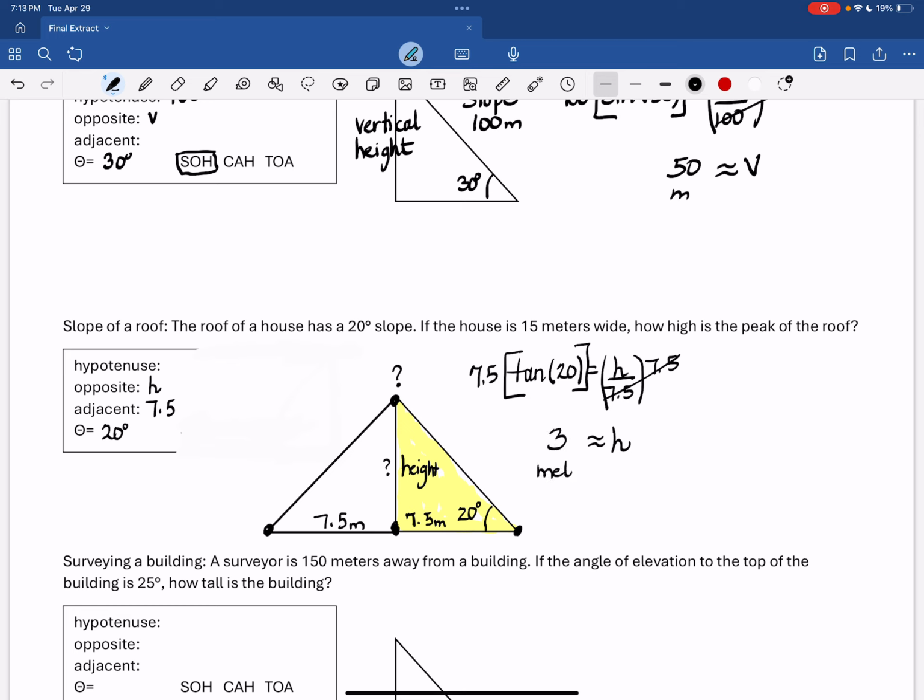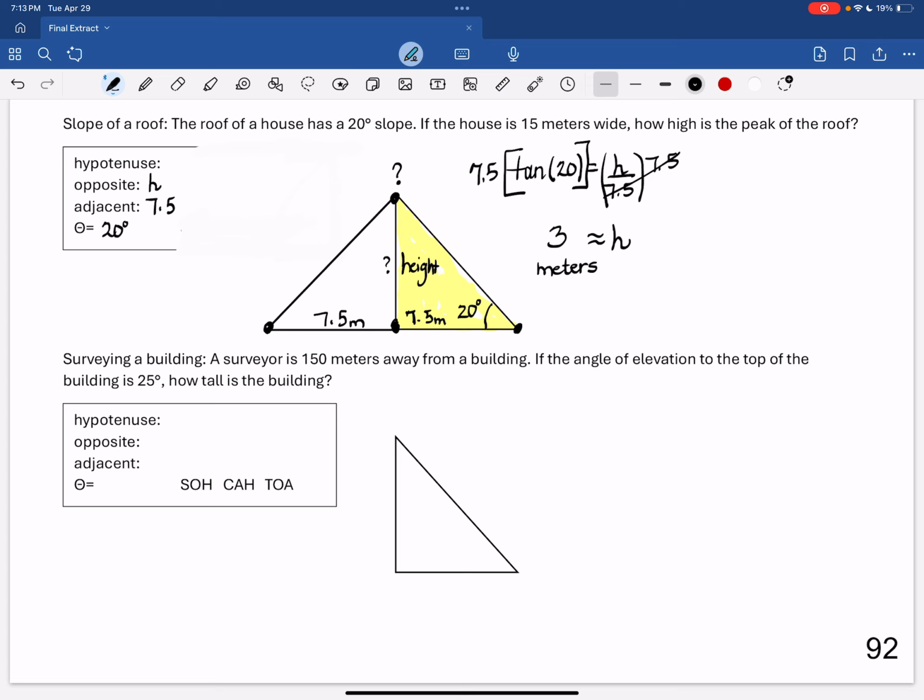All right, last one on this page, we are surveying a building. A surveyor is 150 meters away from a building. So that's going to be on the ground. If the angle of elevation to the top of the building is 25 degrees, how tall is the building?